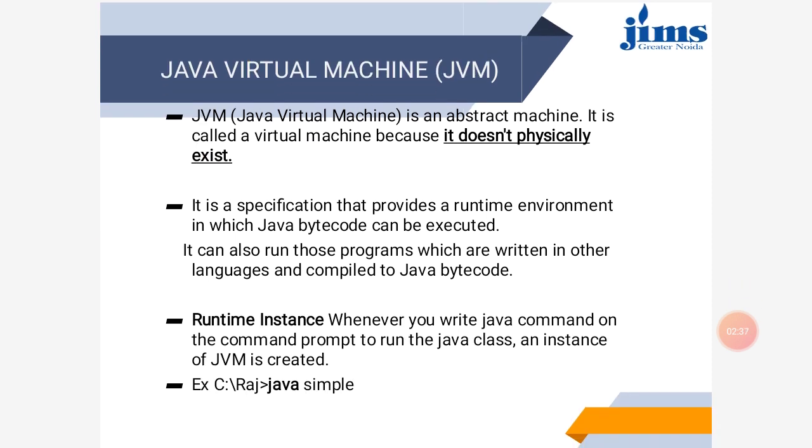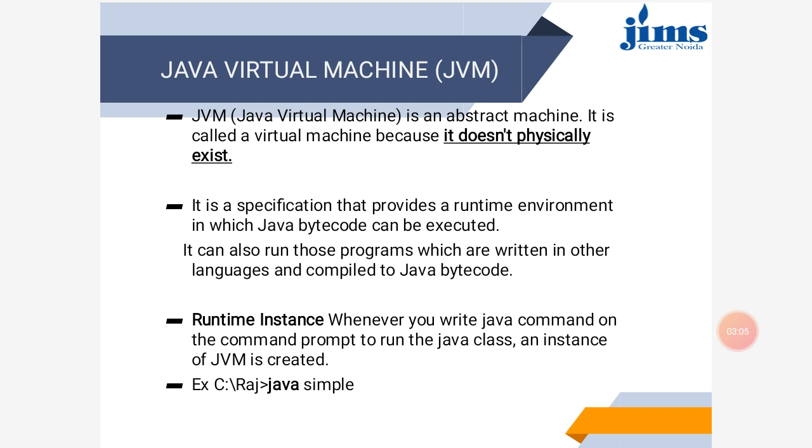So we need to understand what JVM is. JDK contains JRE, JRE contains JVM. So the Java Virtual Machine is an abstract machine. It is called a virtual machine because it does not physically exist. But to make Java platform independent, JVM is very much required.